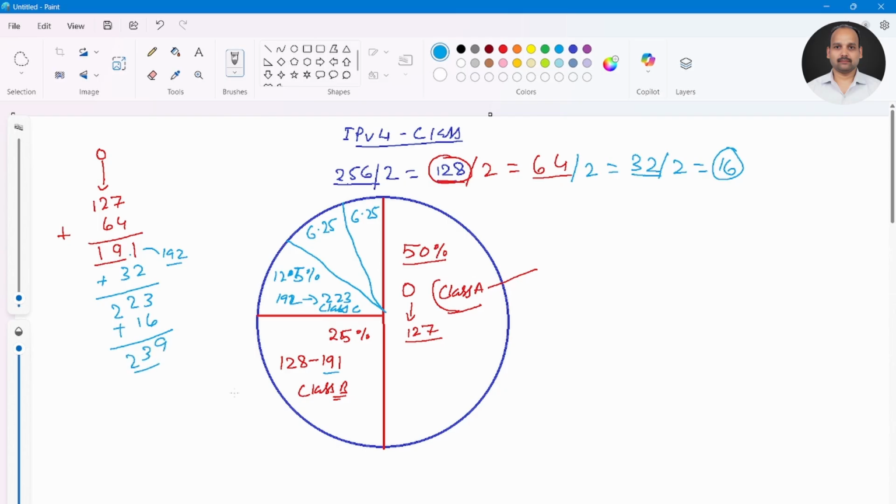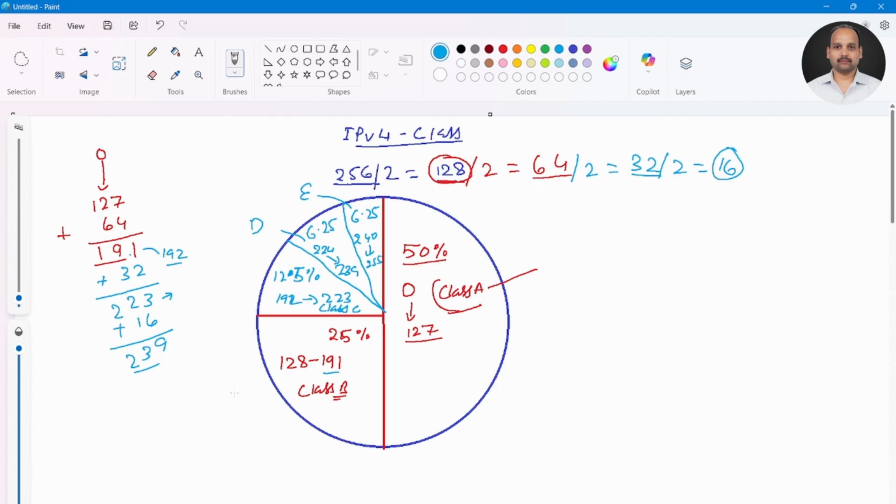Because I am still using the 223, my range will start at 224 to 239, and this is called class D, and the rest of the IPs are for class E. You can say that is class E, and my IP addresses will start from 240 to 255.